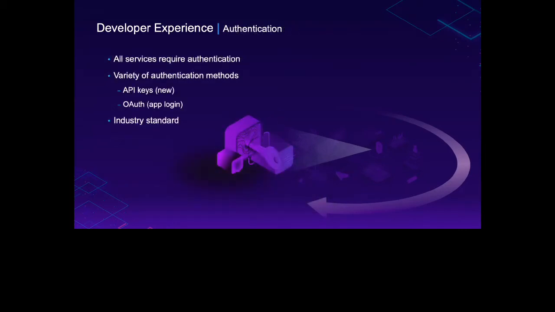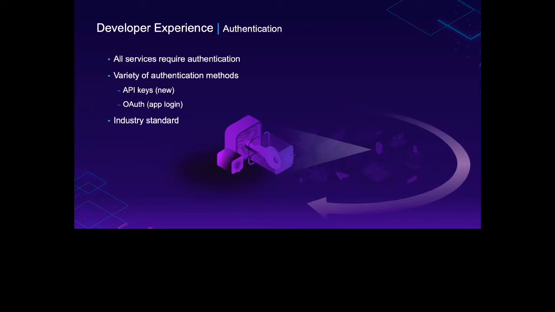All services offered with the ArcGIS platform require authentication, and we give you a variety of token-based authentication options to choose from. And the platform includes an authentication option for API keys, and these API keys are industry standard, and they're easy to implement and can be scoped to specific services. So for some of you, this might be a preferred option.